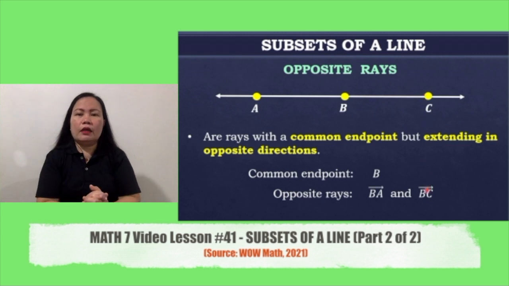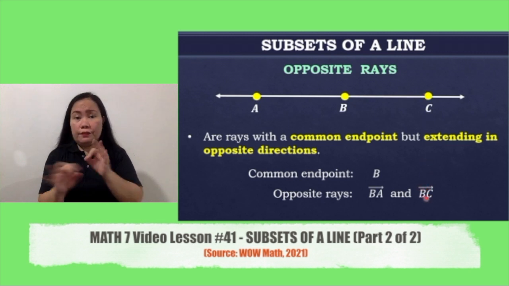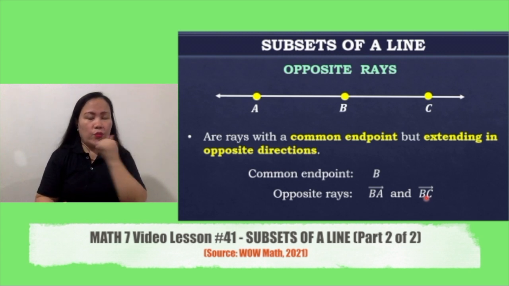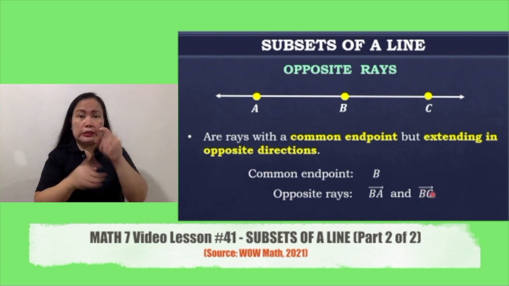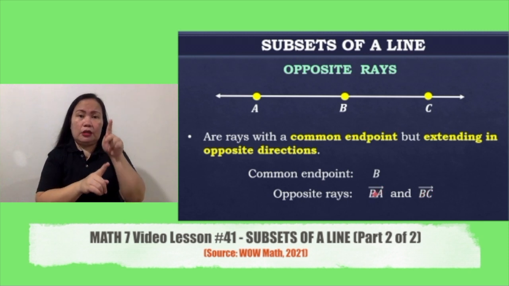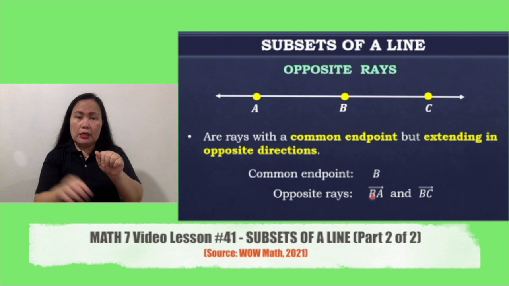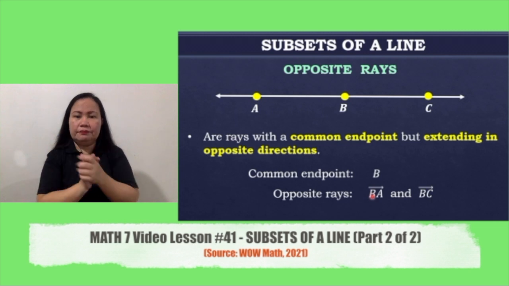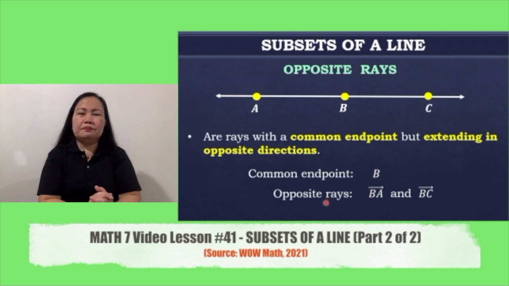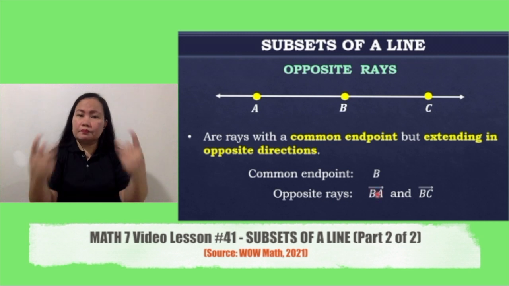Kung ray CB, nauna si C dito, di ba ang sabi natin, kapag ray, dapat laging nauuna si endpoint. So, kung CB ang ilalagay mo dito, ibig sabihin, yung endpoint nito ay C, ito ang endpoint niya ay B. So, wala silang common endpoint. Okay? So, tatandaan na kapag sinabi natin common endpoint, dapat endpoint, siya yung nasa unahan. Okay? So, ang opposite rays natin, lagi po siyang pair.